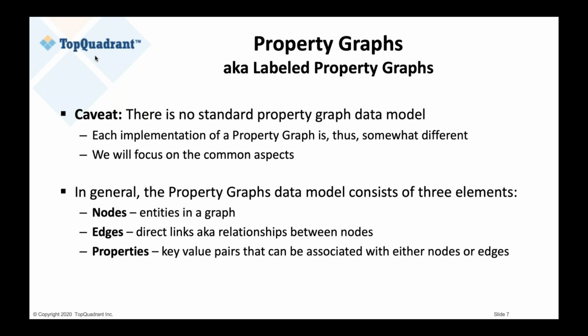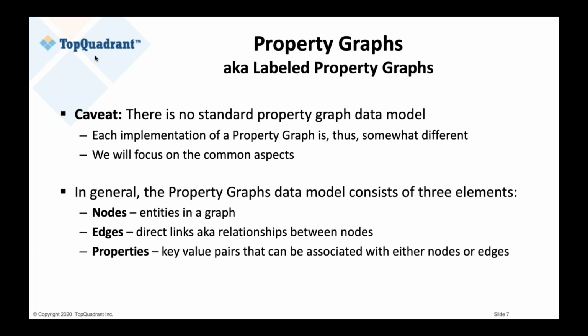So that's why I have to make this caveat. What I'm going to talk about in terms of property graphs is the same across the majority of implementations, probably 90+%.